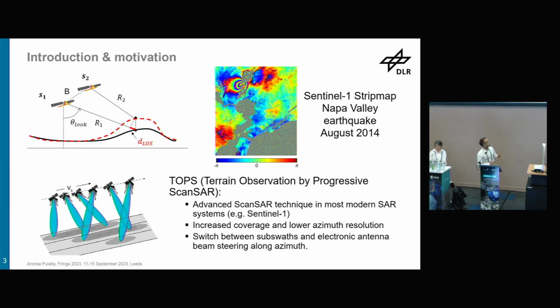As this picture suggests, we are switching the antenna between the subswaths, and we are acquiring a portion of each subswath, called bursts, using electronic antenna beam steering within the burst. That is the main cause of the phase jumps.